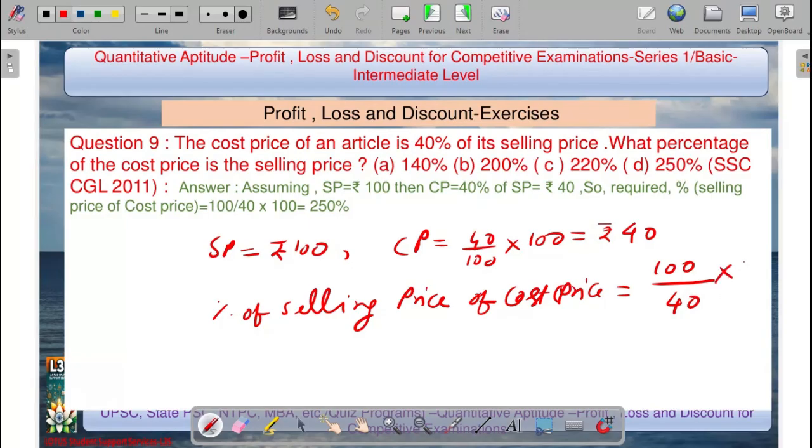So 100 by 40 into 100, that is 250%. So option D is the correct answer here.